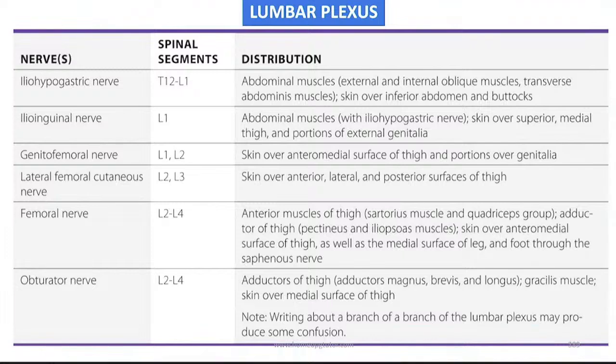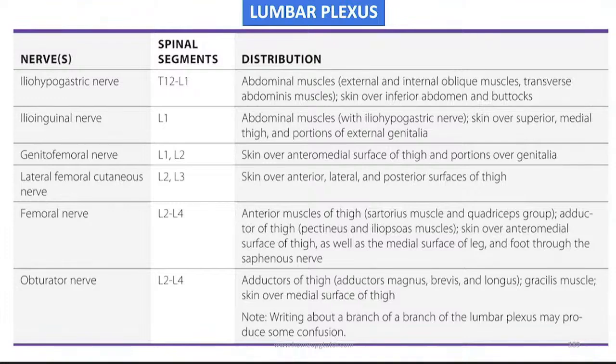But remember one difference here, obturator and femoral nerve have the same root value, but femoral nerve is via the posterior division, obturator is via the anterior division. That is the difference. Obturator nerve is from the anterior division of L2, L3, L4 but femoral nerve is via the posterior division of L2, L3 and L4.